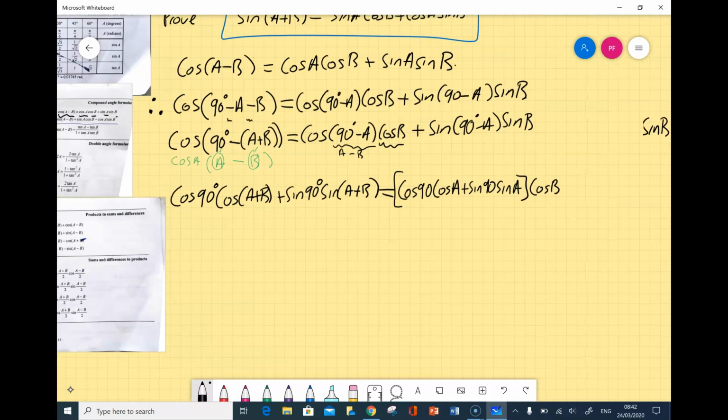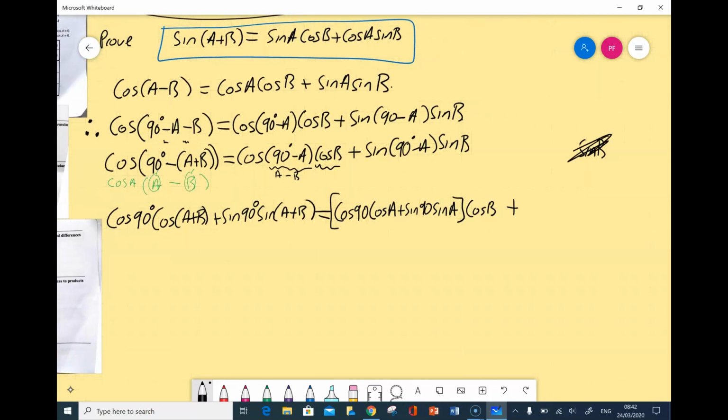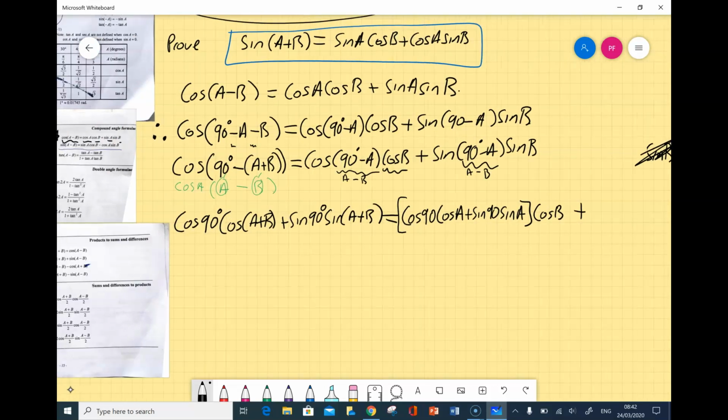All right. And further over, I have sine of 90 minus A, so that's like an A minus B formula there again.